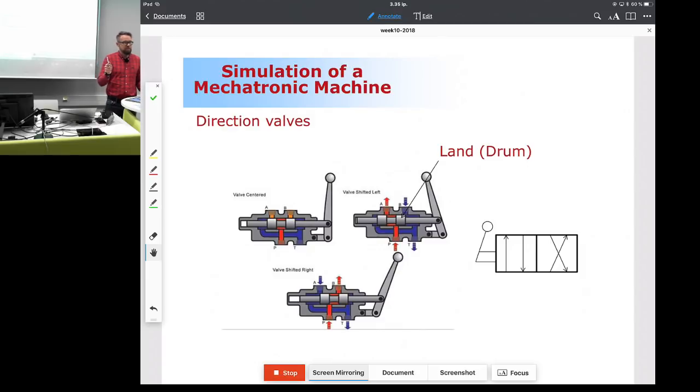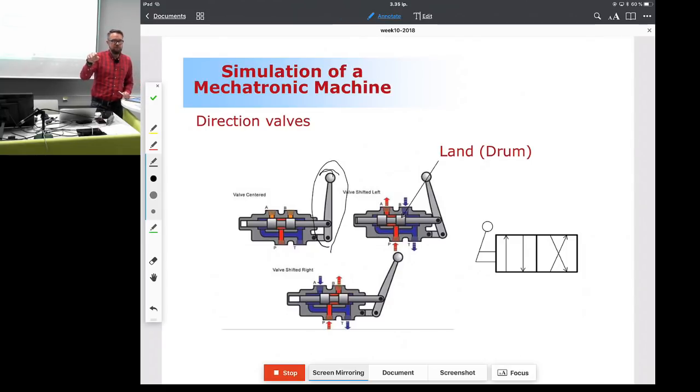I'm sure you have seen machines with a lot of long sticks. These sticks are mechanically connected to the spool. So you have a stick like this with a handle here, and you move this back and forth.